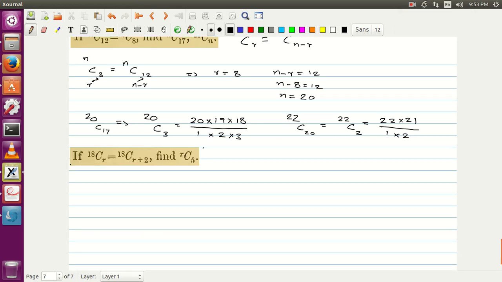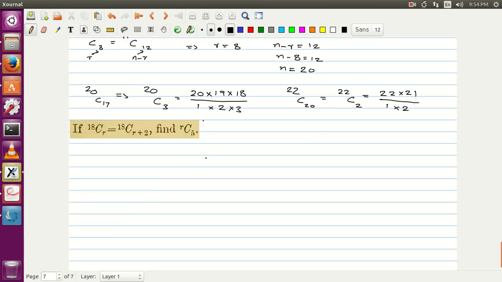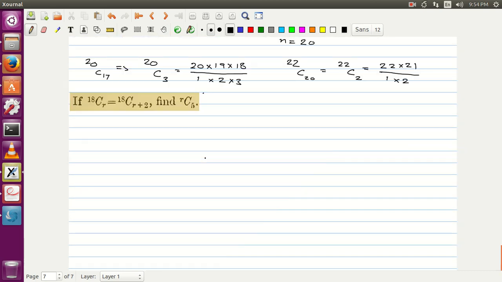Okay, so this is a very similar problem. If 18Cr is equal to 18C(r plus 2), find rC5, right? So we already know that 18Cr should be equal to 18C(18 minus r), right? nCr is equal to nC(n minus r).